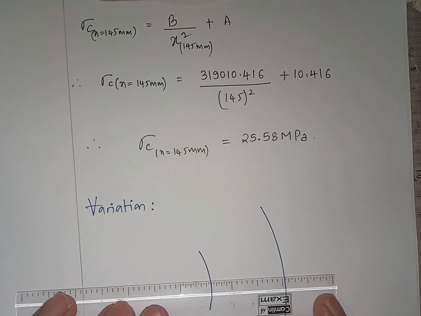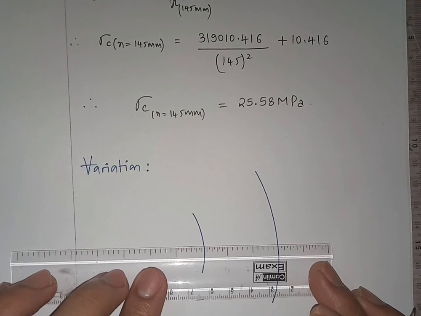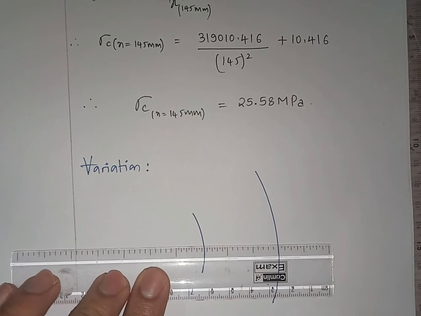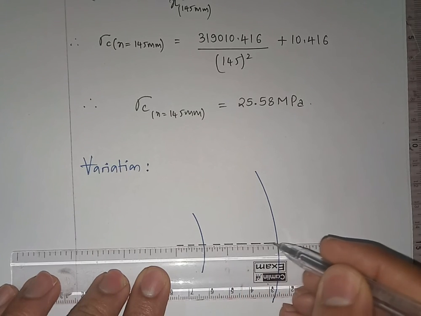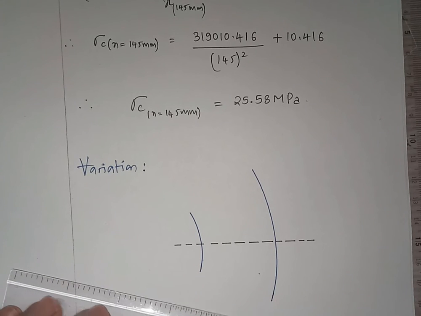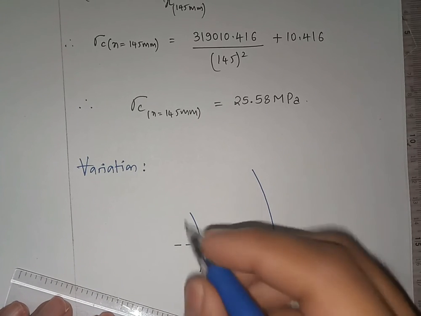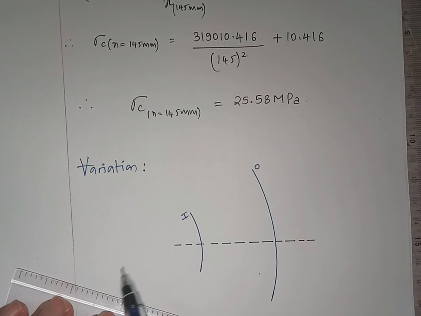Above that things will be positive, below that things will be negative. Now this is inner surface, outer surface. Your center will be somewhere over here; I have not shown it.